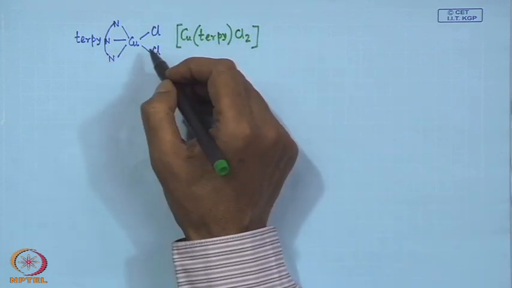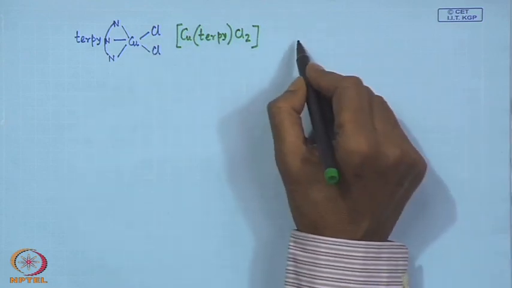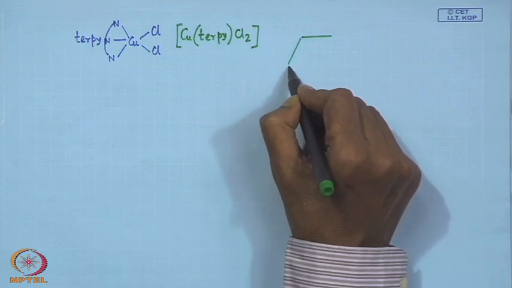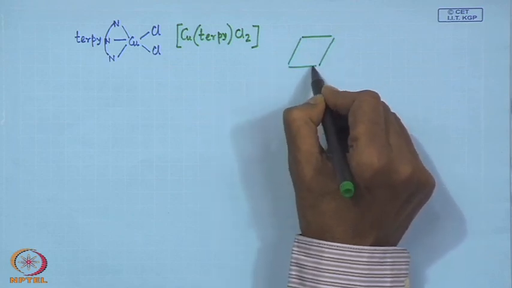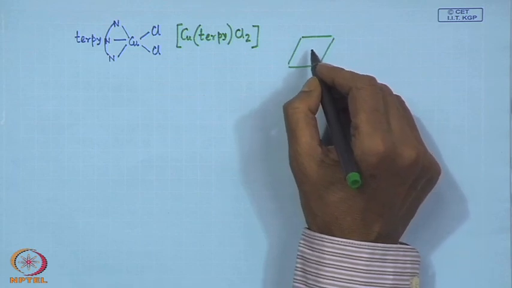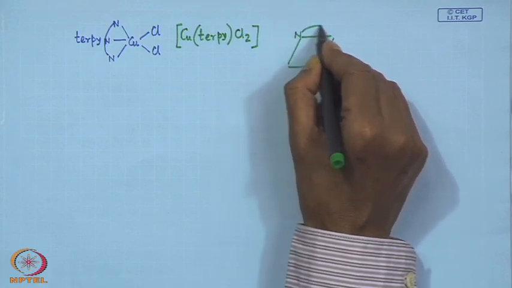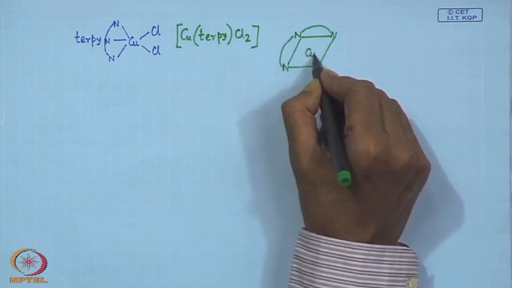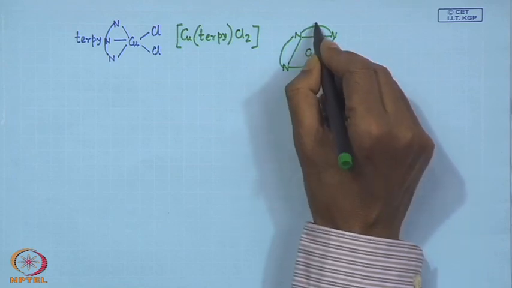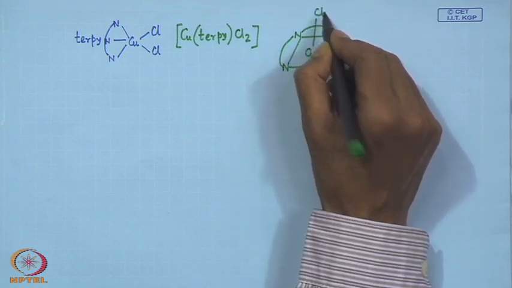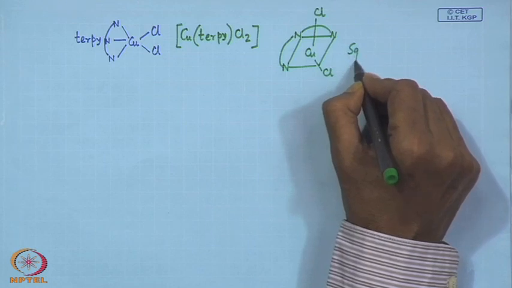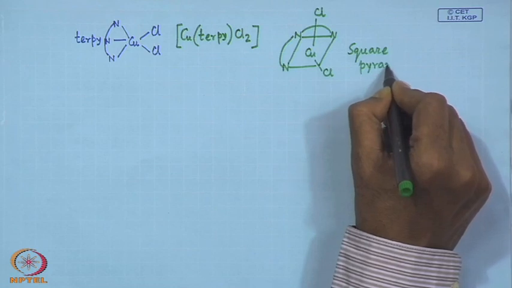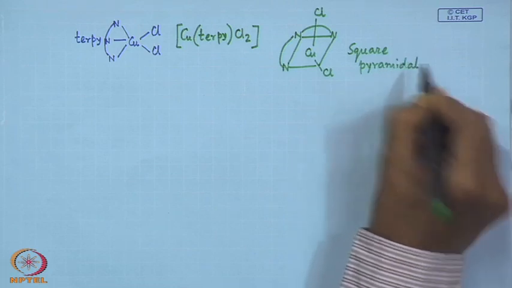The structure of this particular molecule is completely different, because we have seen that in the case of palladium or any other square planar molecule, the nitrogens are binding through these points, and if we have copper, this is the Cl and this is another Cl. So, it is square pyramidal in geometry.